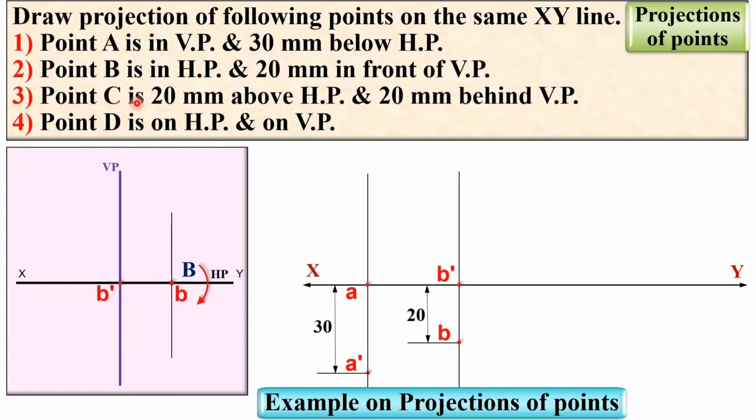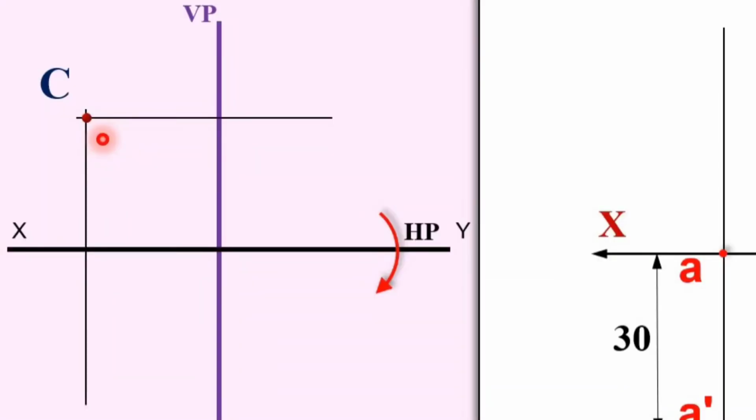Now it's done for the point C, 20 mm above HP and 20 mm behind VP. So this is the location of the point C. Now for the front view, the projection will be on the VP. That's why it is over here, denoted by C dash.